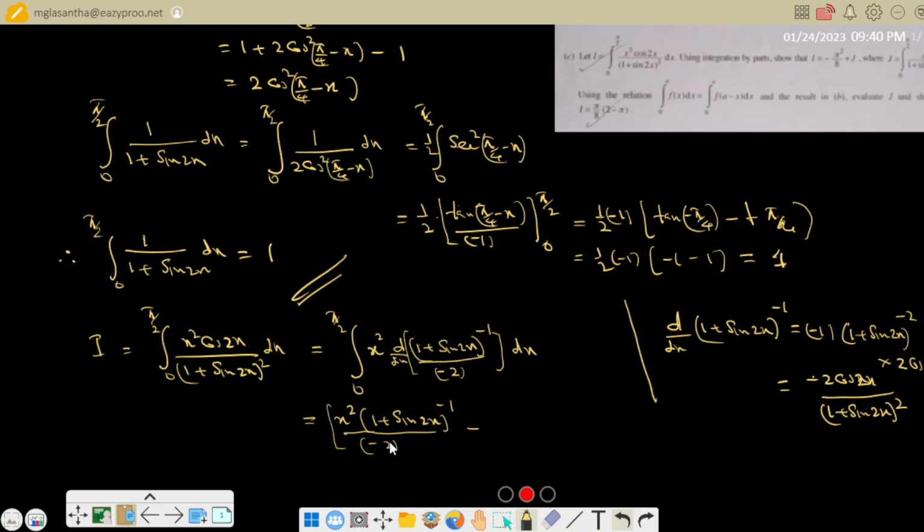So you can apply limits for this, 0 to pi by 2, minus the integral of (1 plus 2x) times (1 plus sine 2x) to the power of minus 1 or minus 2 dx.